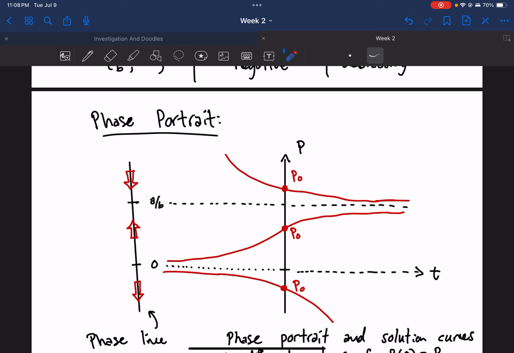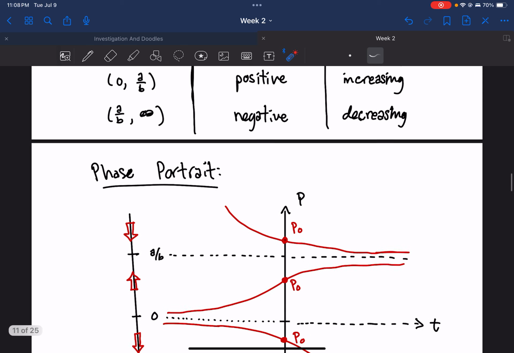This is my p-axis. On the line p equals 0, I have a critical point where my slopes are 0, and on the line p equals a over b, I also have a critical point where the slopes are 0. So I get these, I guess you'd call them asymptotes.